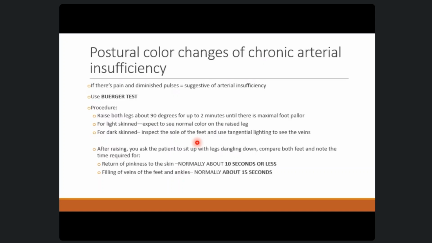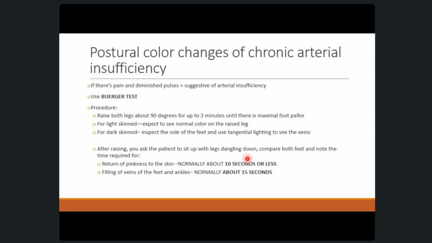If putla na talaga, there is pallor on the sole of that dark-skinned individual, then na-drain na yung dugo on that side. So after you raise the leg of the patient to about 90 degrees, ask the patient to sit up. So dangling ito. So nakaganon lang yung legs niya sa bed and compare both feet and take note of the time.